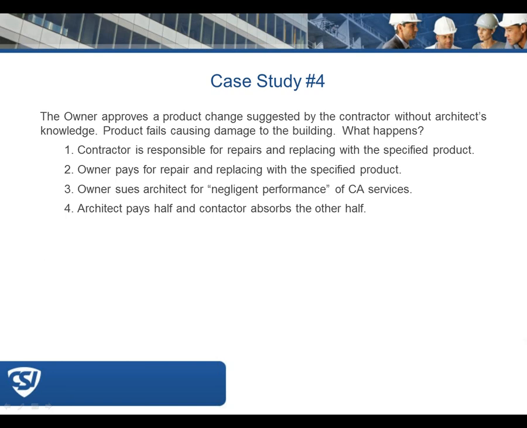So there could be a situation where item 3 does come into play. Item 4 may be less likely to come into play, but again, if item 3 happens and the owner says, Mr. Architect, you were negligent, especially if it's a major client, a repeat client, the architect can make a business decision to go to the contractor and work something out. So again, I think all 4 of these options are possibilities.